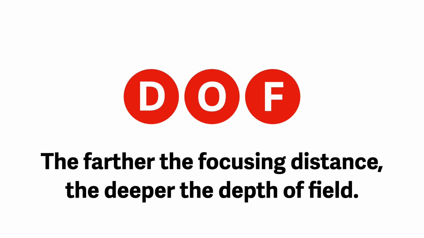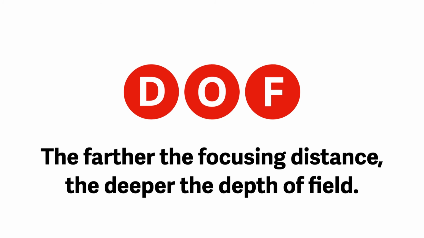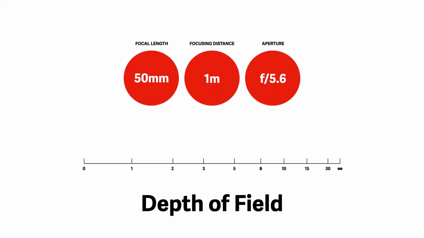The depth of field changes with aperture, but it is also dependent on the focusing distance and focal length. For any given aperture, the farther the focusing distance, the deeper the depth of field. For example, if we are using a 50mm lens set to f5.6, focused at 1 meter, our depth of field is going to be only 13 centimeters deep.